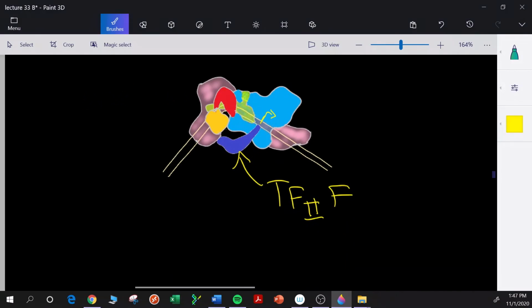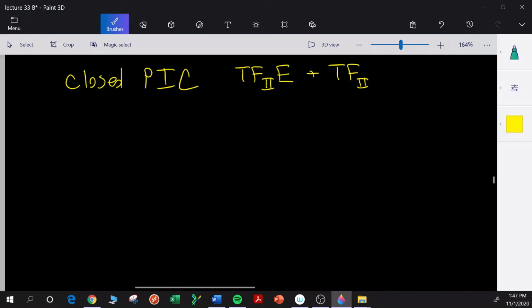Okay, so the next complex to form is going to be called the closed PIC, the closed pre-initiation complex, and that involves adding the general transcription factors TF2E and TF2H.